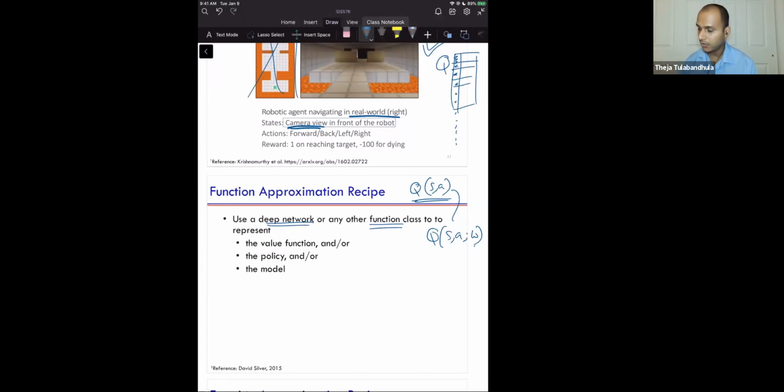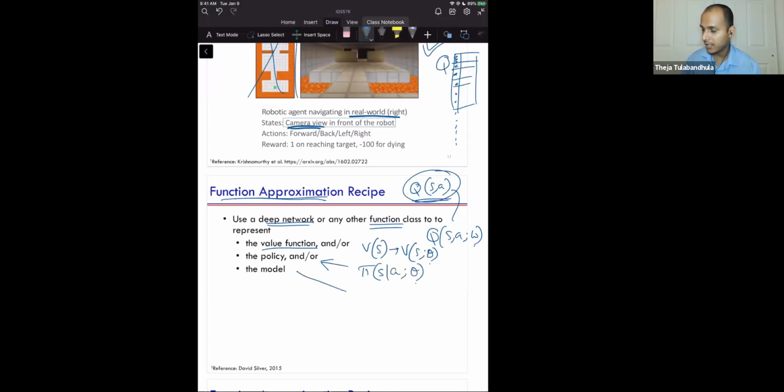Okay, but such a function approximation idea need not just apply to the state action value function. I can do function approximation to just the value function if needed. So V of s, I can change it to V of s with some parameter theta or w. And even policy, instead of saying policy pi of a given s, I can say this is also parameterized by some parameter theta.